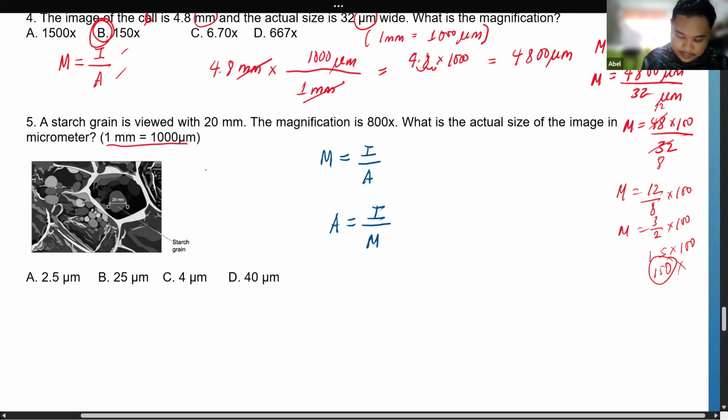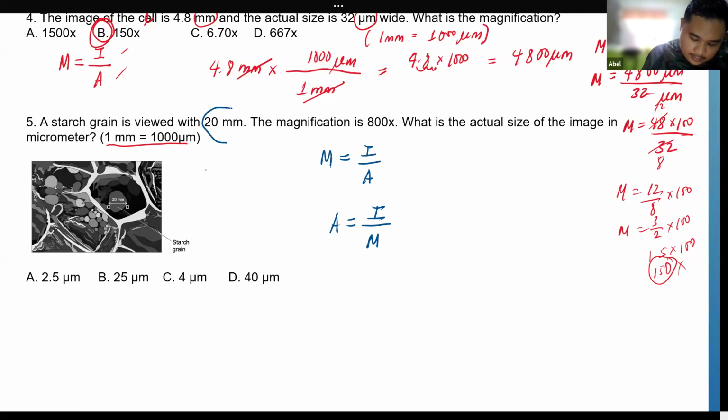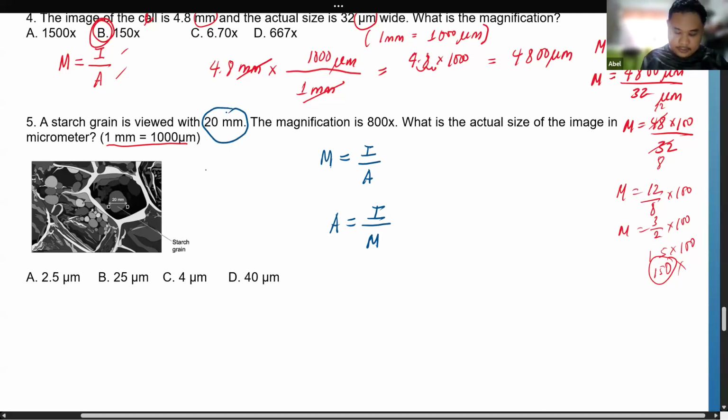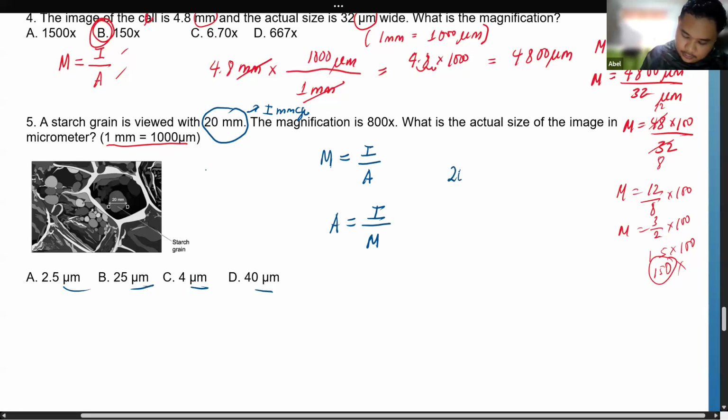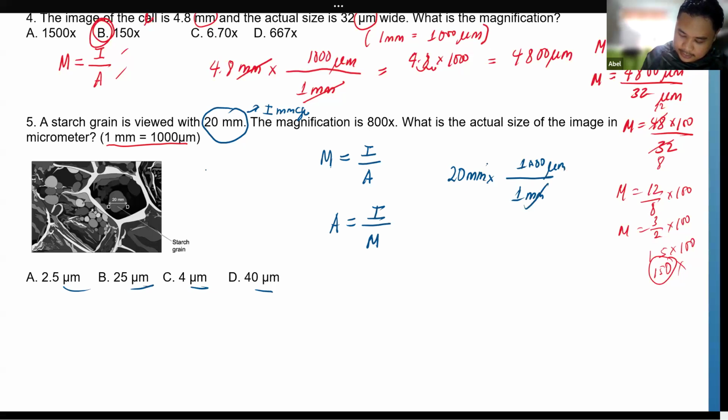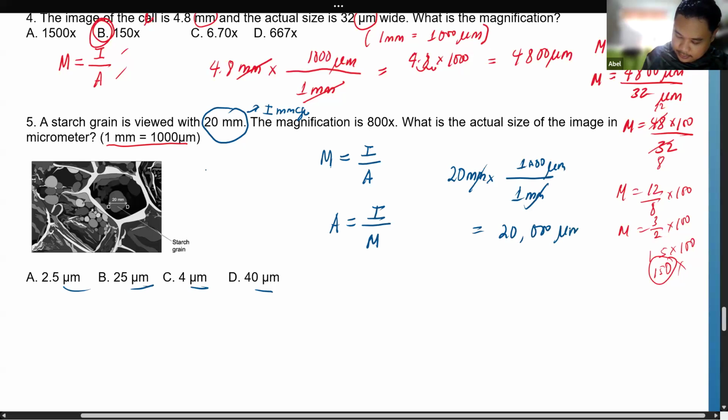The problem here is that the starch grain is viewed 20 millimeter. So that would be the image, right? But our choices here are in micrometer, right? And so we need to convert that again, 20 millimeter times 1 millimeter and then 1,000 micrometer. Cancel out, and that would be 20,000 micrometer.